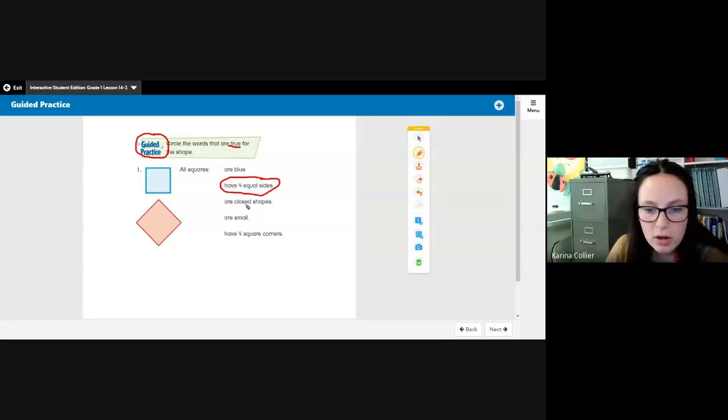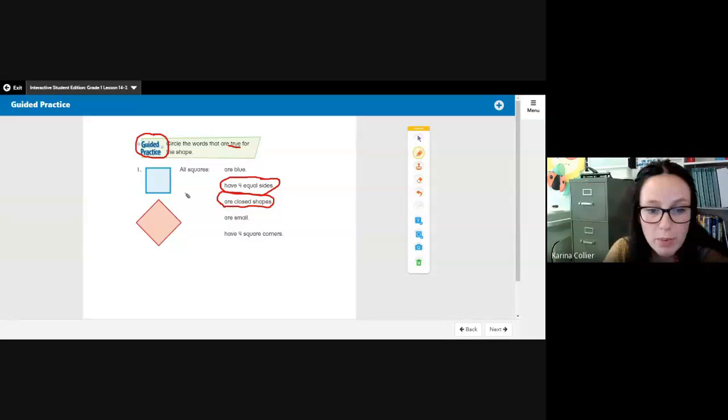All squares are closed shapes. So we spent some time talking about open and closed shapes. A closed shape is shown here in both of our squares. All of the sides meet and there is no opening or open spaces. So these are closed shapes.